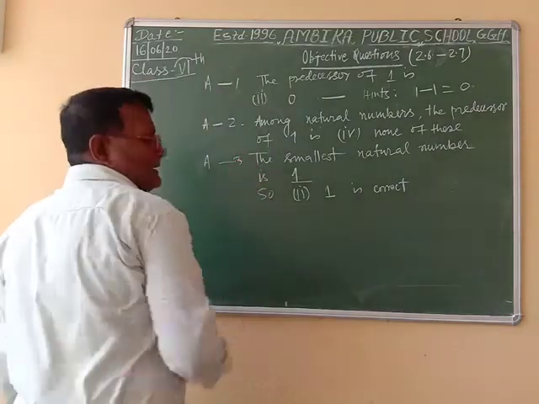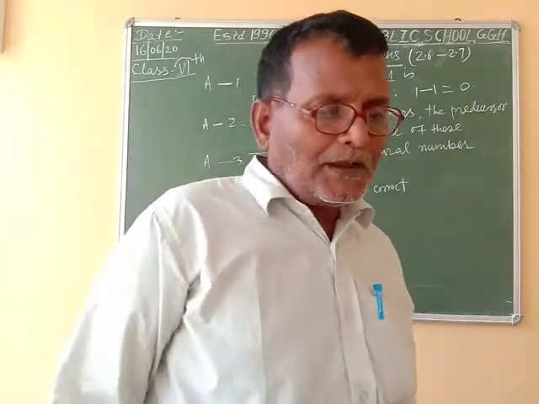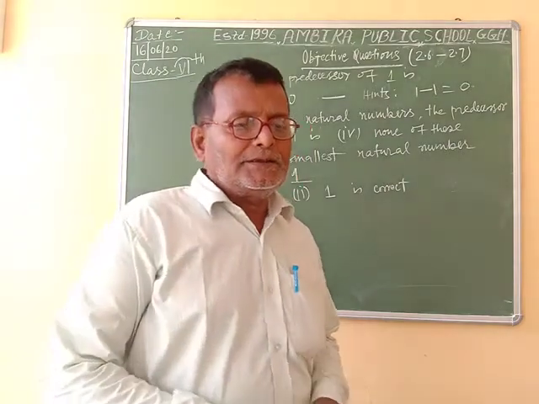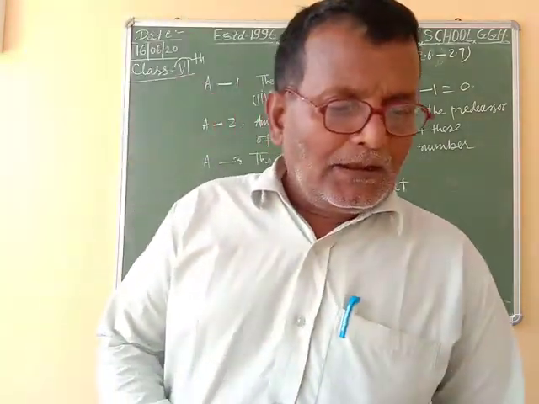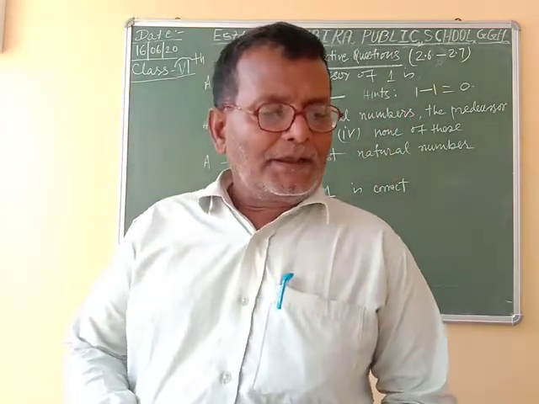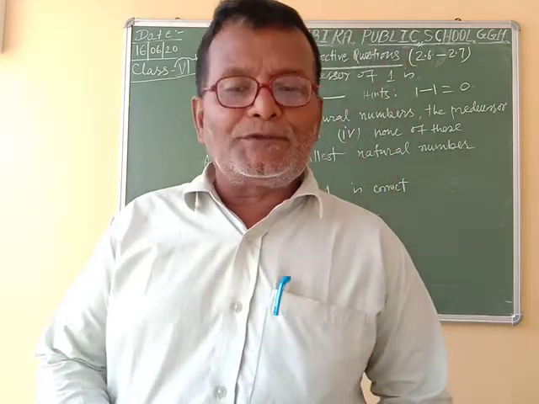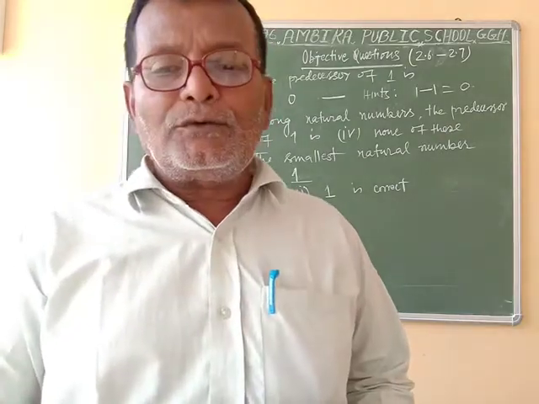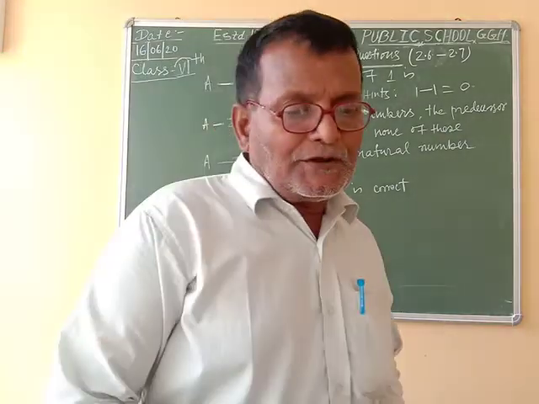Answer in question number 4, the smallest whole number. We know that whole numbers start from 0. So the smallest whole number is equal to 0.